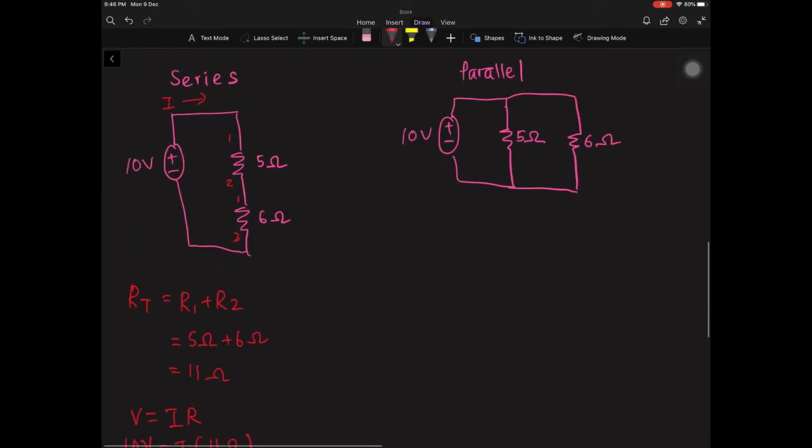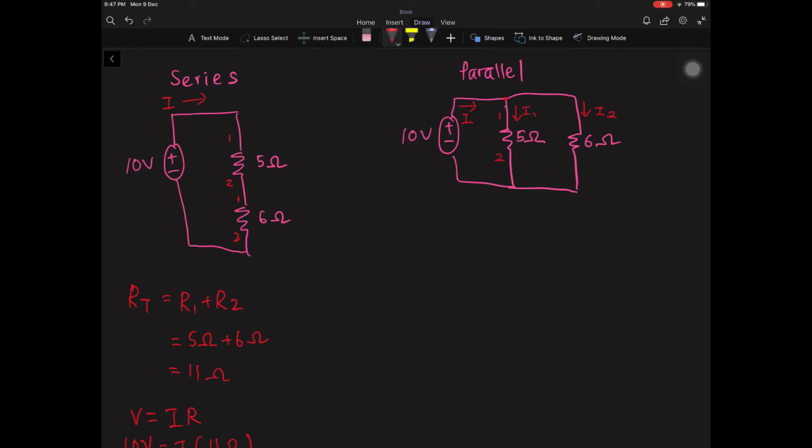For the parallel circuit, the first step is what? Yes, you need to list out 1 and 2. The current passes through here, so this is number 1. The current splits and goes down from here, I1, I2.